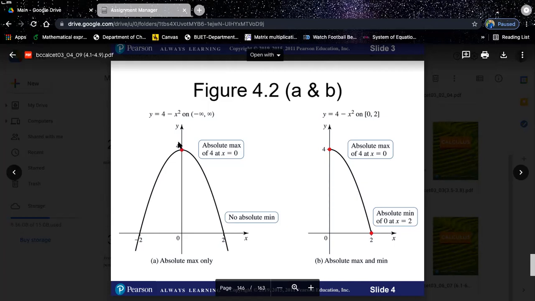The highest value is 4, and it's at x equals 0 because you can see it's on the y-axis. Do you agree? Since it's on the y-axis, we can say the maximum is at x equals 0, and obviously we can also eyeball the maximum value. It's actually 4. Can you see that?